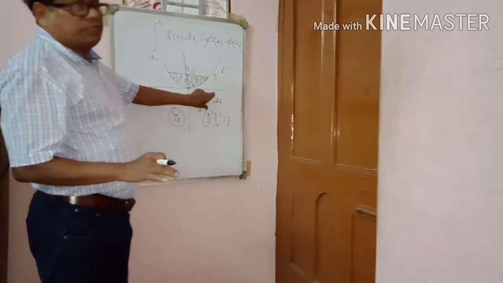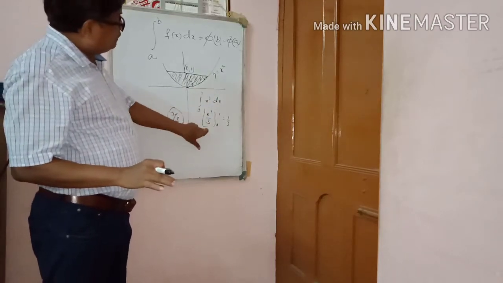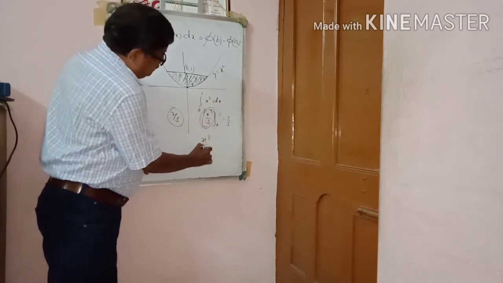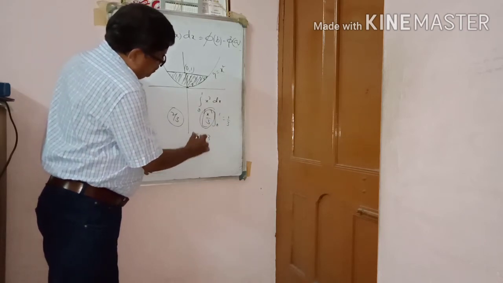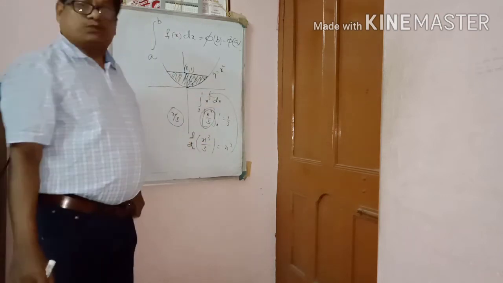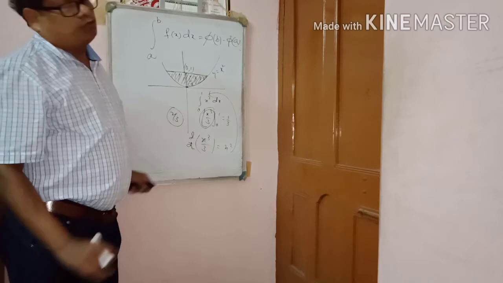Suppose x square, so the new function is x cube by 3. You will get d/dx of this, x cube by 3, the value is x square.